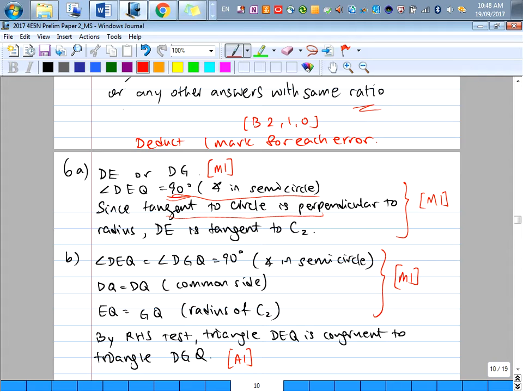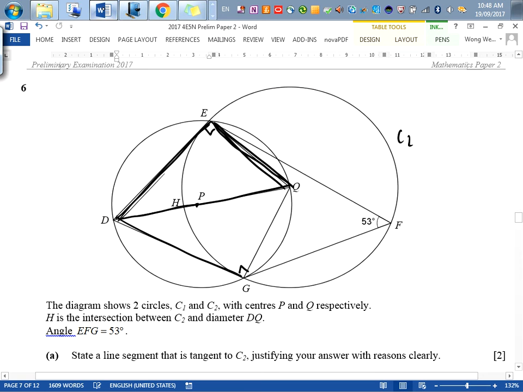Okay? Next, part B: prove that the two triangles are congruent.